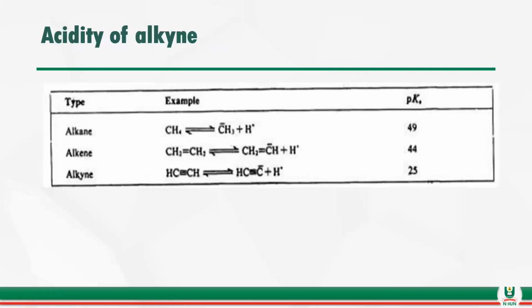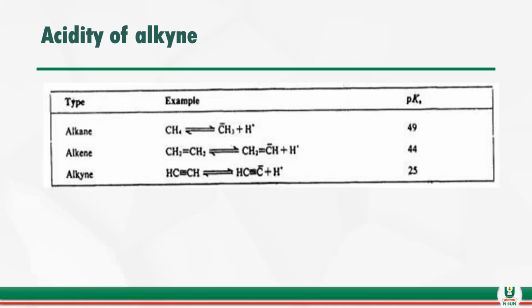Acidity of alkynes. I already mentioned to you that alkynes are more acidic, and this is because of the triple bond, which has higher S character. So if you look at what we have here, I just wanted to compare the acidity of the various hydrocarbons. pKa, the lower the pKa, the more acidic.